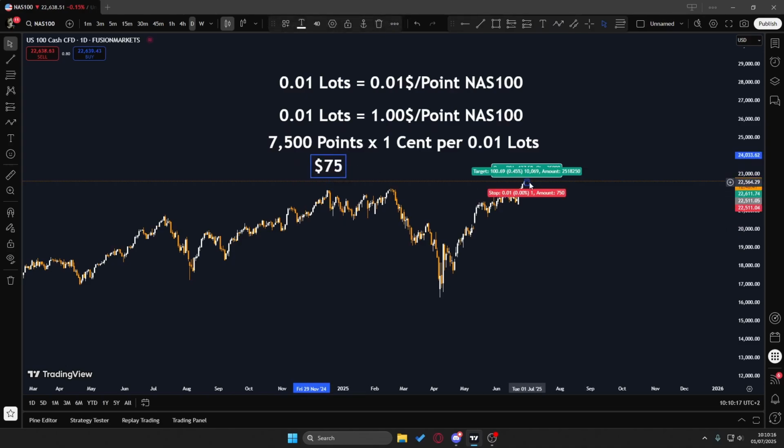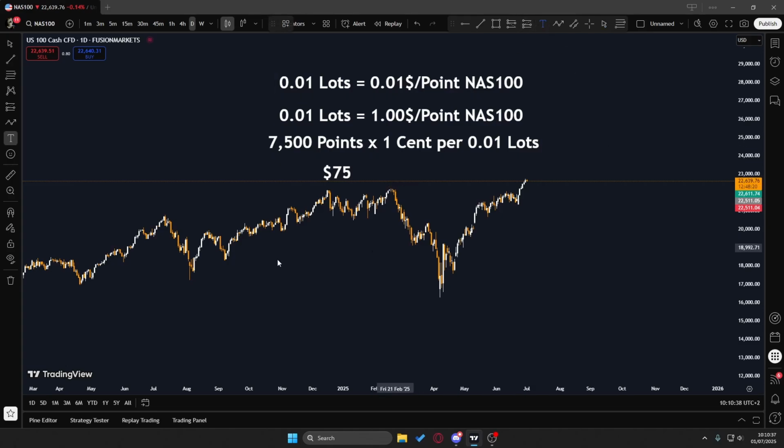This means if I were to buy at 22,500 and go down all the way to 15,000, I would lose $75. But again, I don't believe it will ever go down to 15,000, which means I can make my entire account balance the stop loss.